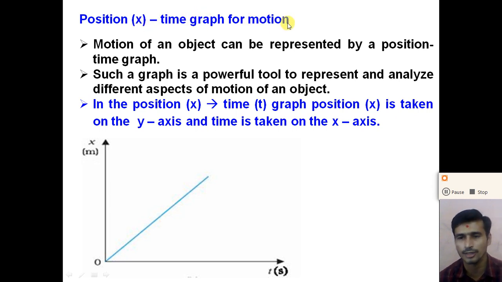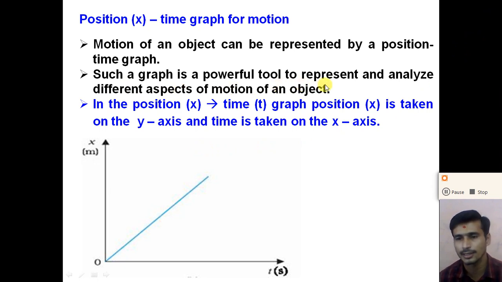It can also be read like this: x-t graph for the motion, position x and time t graph for the motion. The motion of the object can be represented by a position time graph. First of all, we will understand how we can draw the position time graph, because the graph is a powerful tool to represent and analyze different aspects of the motion of the object.